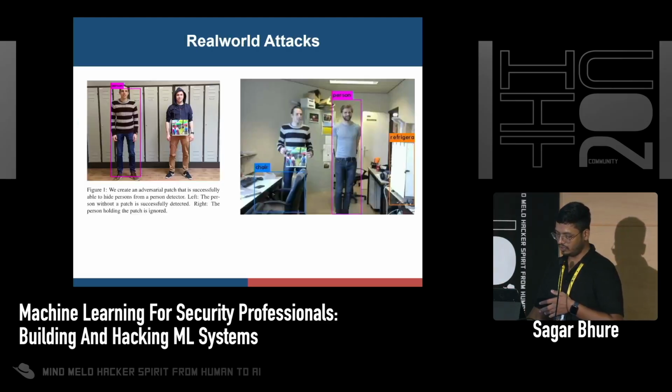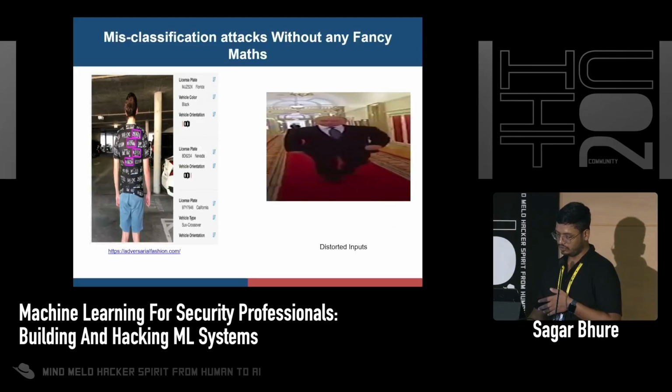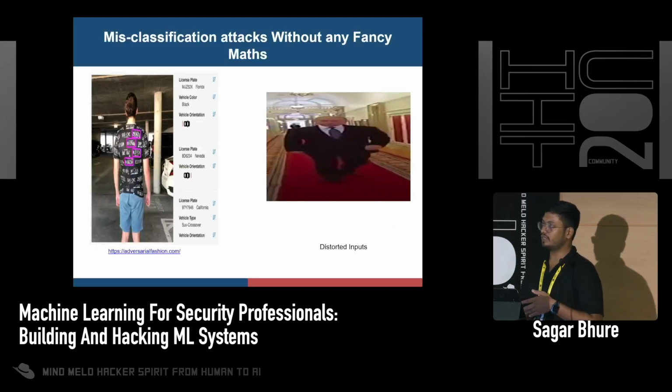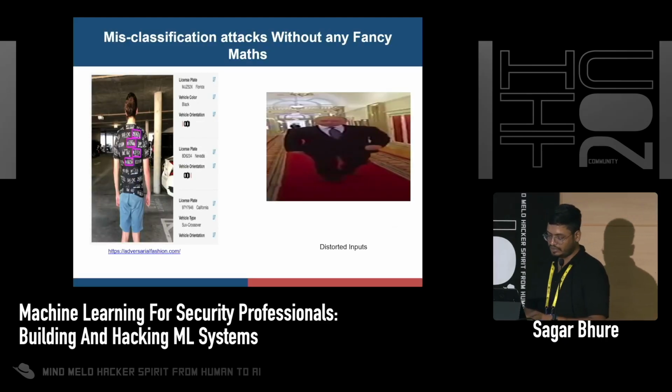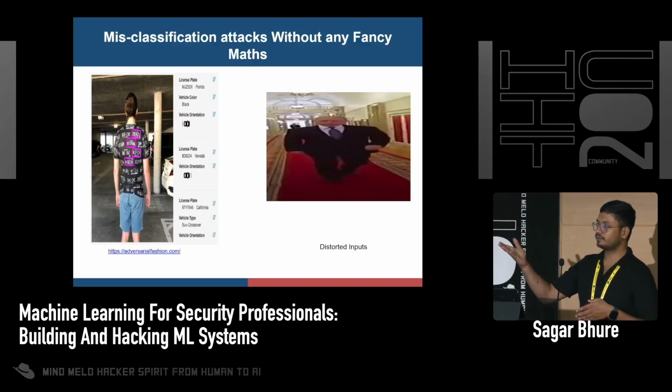Okay, so these are all examples and demos from the research papers. This is a human wearing a T-shirt with numbers written on it, and when he walks on the street, he is predicted as a car because he has number-plate-like things on his T-shirt and a design.